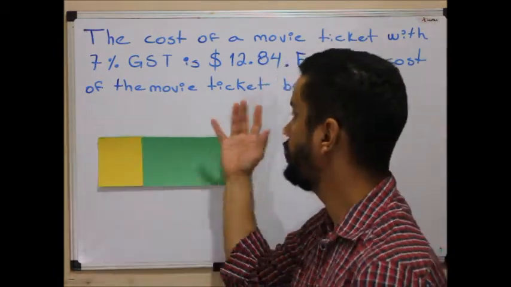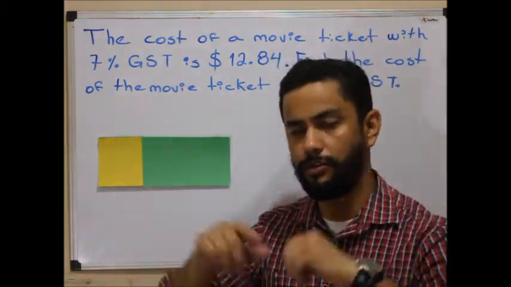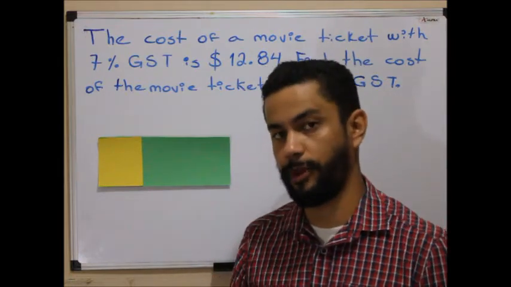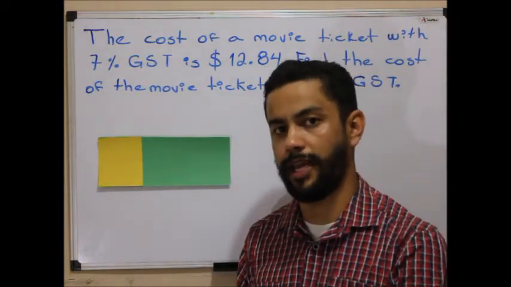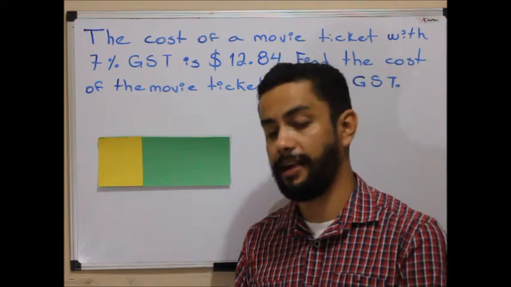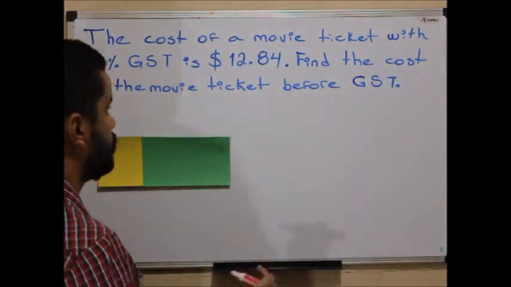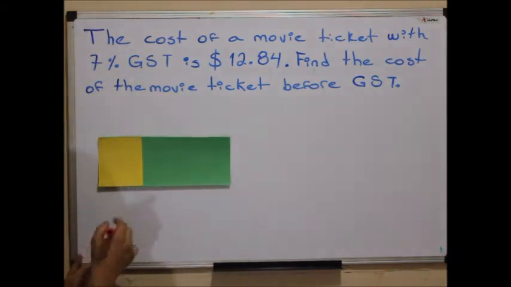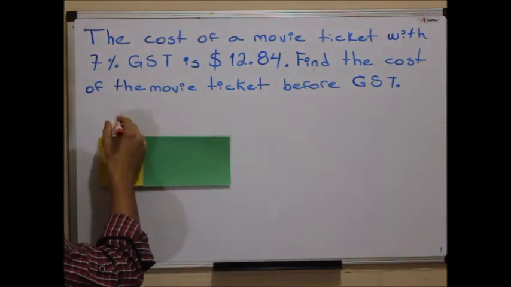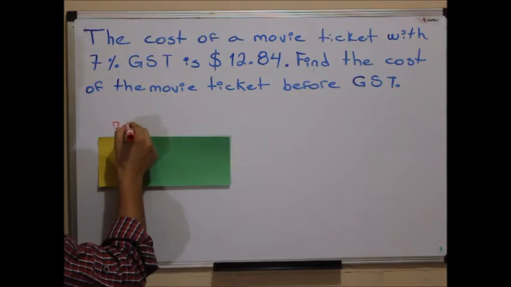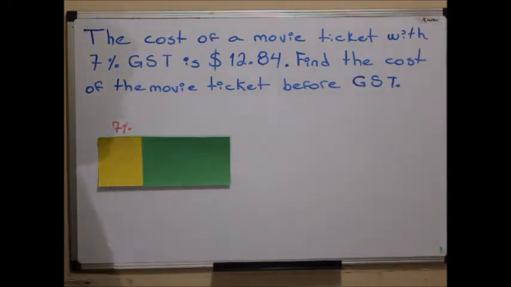So we're going to write all the arrows, brackets and braces that we write when we make a bar model to solve an exercise. So we're going to have here that this is our 7%.